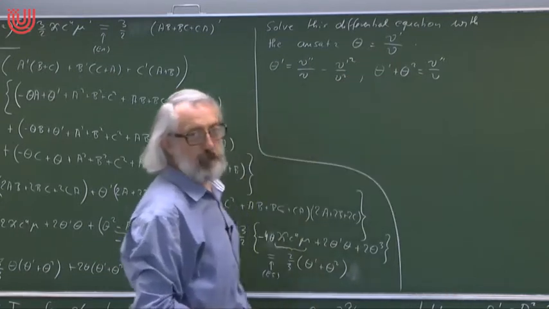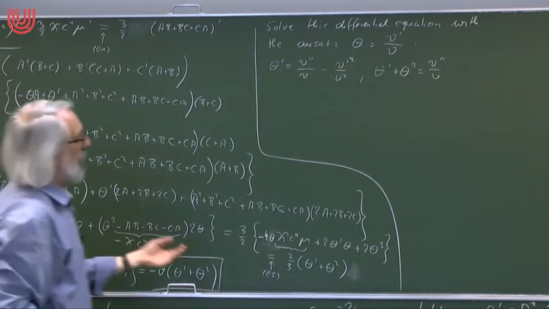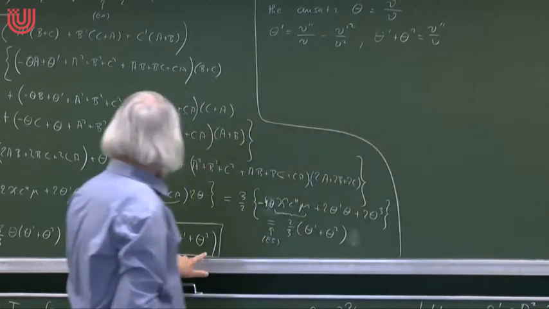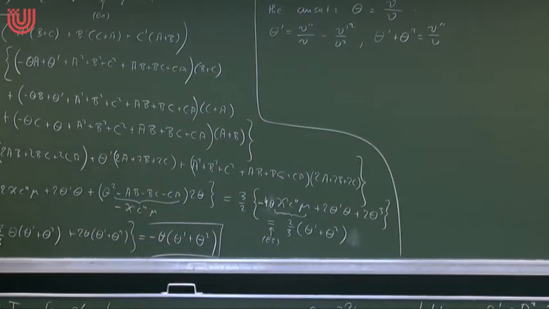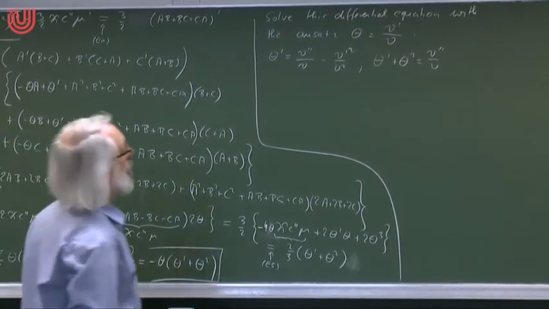So we are done. The idea behind this ansatz is that this expression, which occurs in the differential equation, becomes very simple. It becomes just proportional to the second derivative.